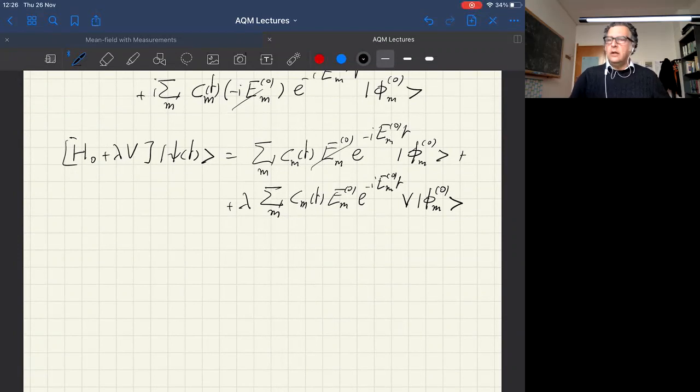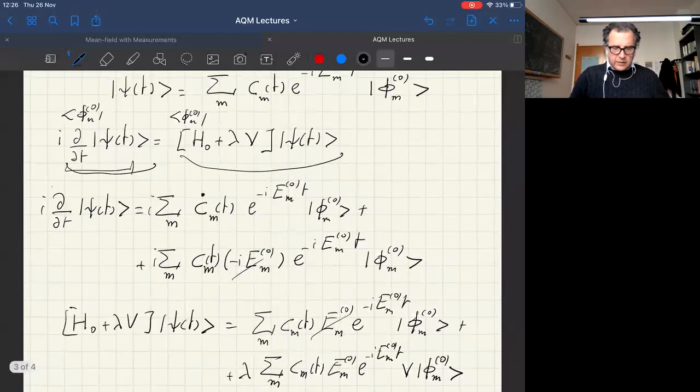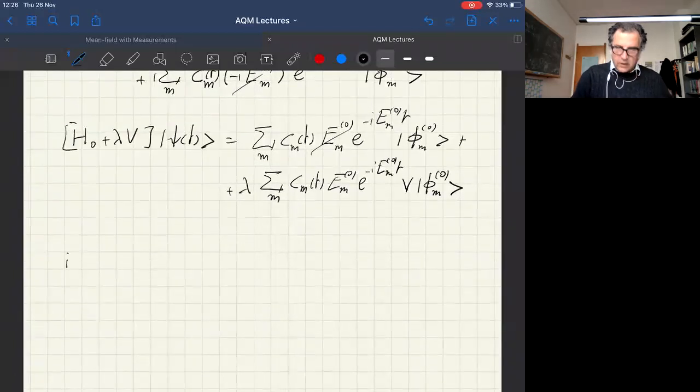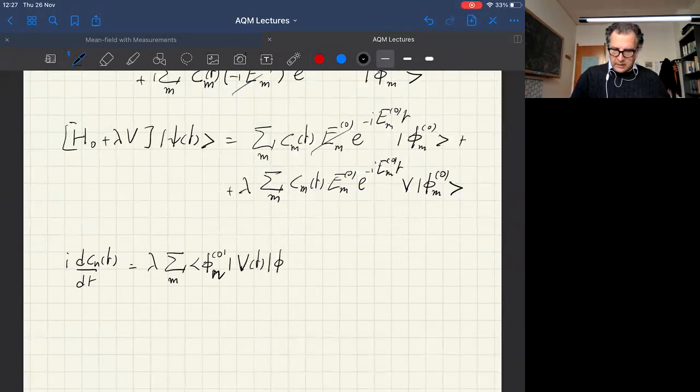Never mind. Okay. So if you just multiply from the left with phi 0 of n, then you will get an equation for the coefficient: dCn/dt is equal to lambda sum over m of phi 0 of n, v of t, phi 0 of m, and then you have e to the i e0 of n minus e0 of m times t.